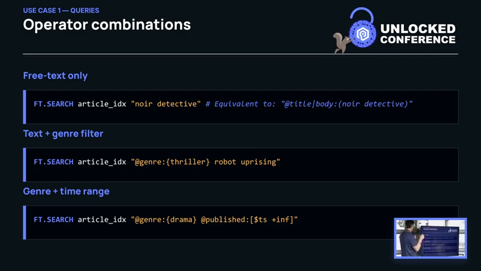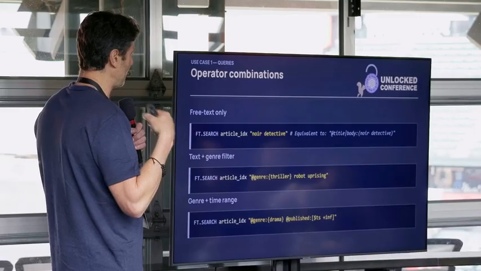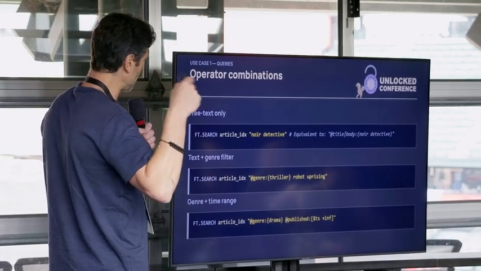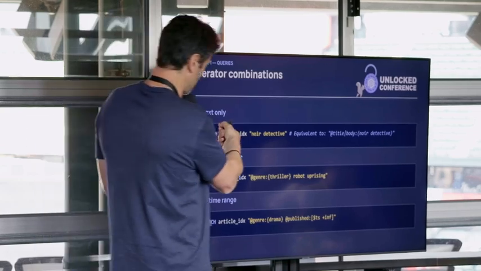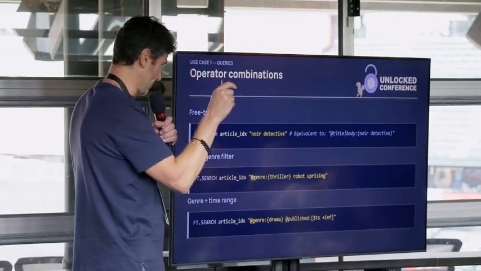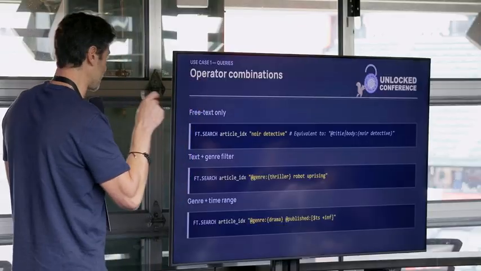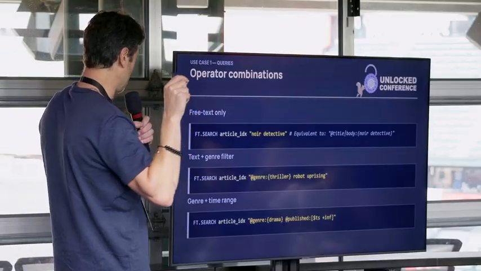The last example specifies a query which combines a filter on genre and its publish date is after a particular timestamp, which is represented as a variable timestamp, and numeric fields require start and end.